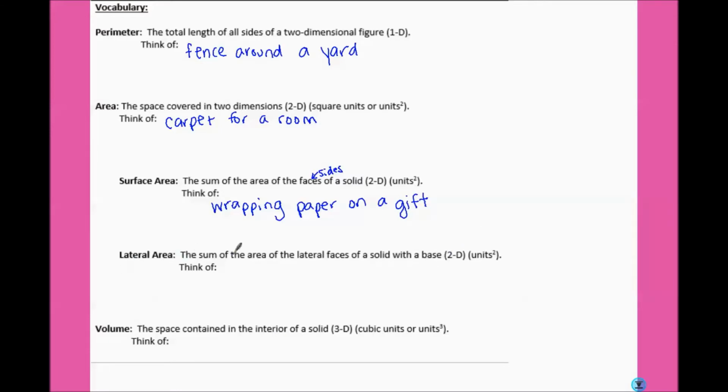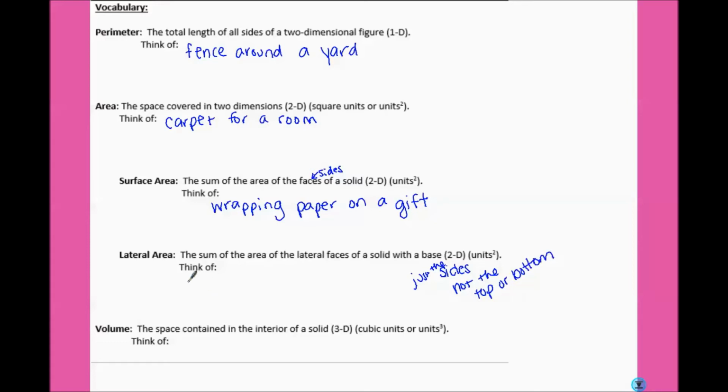Lateral area is the sum of the area of the lateral faces, which what this means is the sides, just the sides, not the top or bottom.